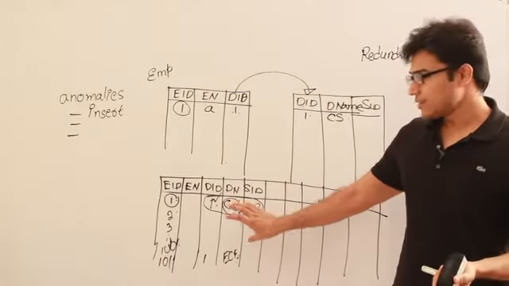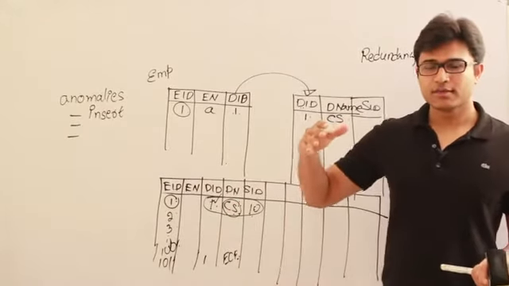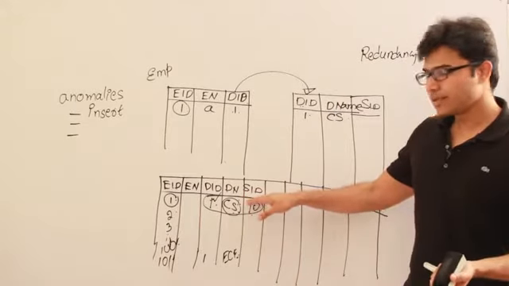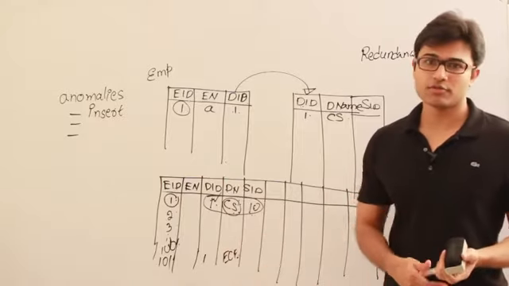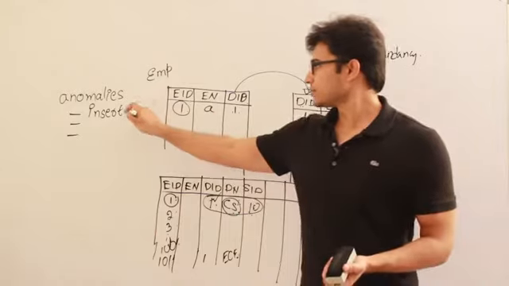So when you have the same information at many places, there is a chance that it might get inconsistent. At one place it might show some information, and at another place some other information. Therefore insertion anomalies are possible.